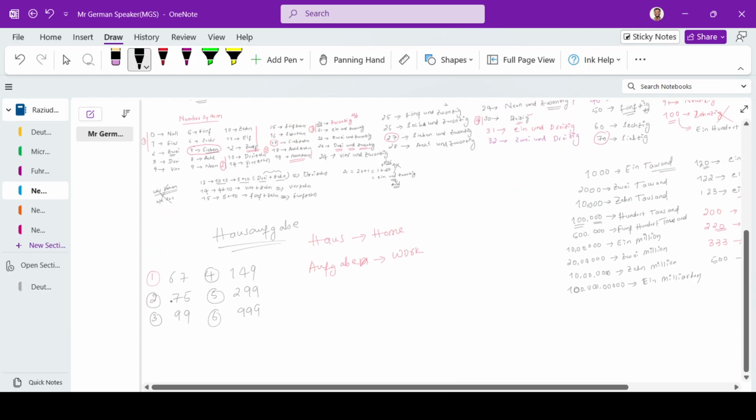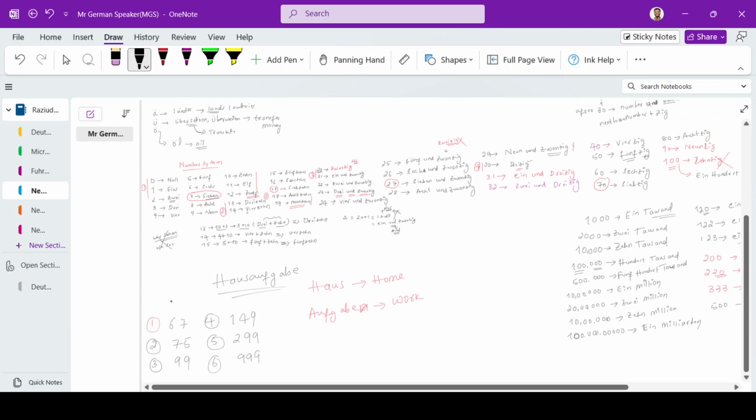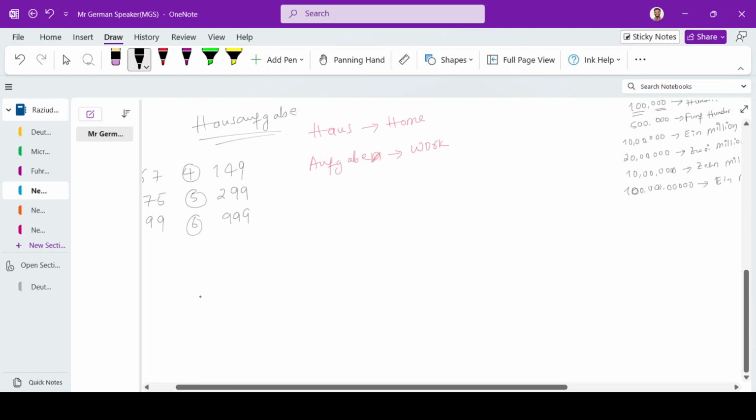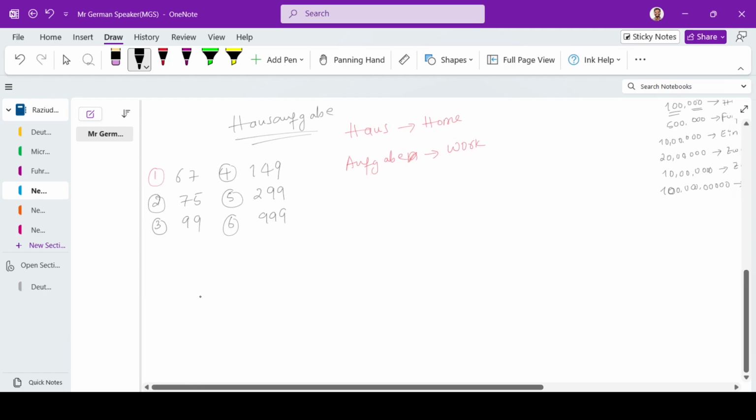So this is about the German number system. It's a very interesting topic because without the number system it's very difficult: if you go to a supermarket, you should be able to read the numbers. When you go to the supermarket, you want to pay by credit card or debit card or even cash.